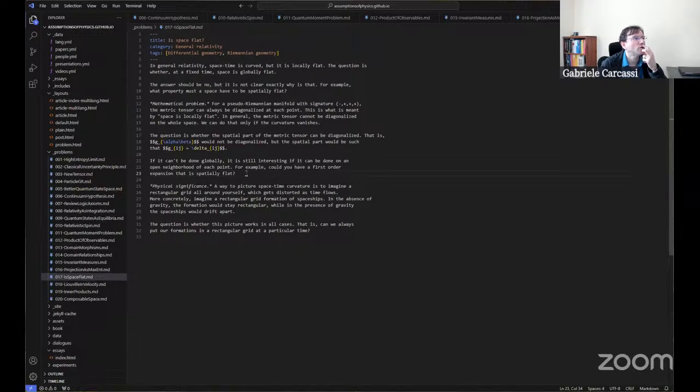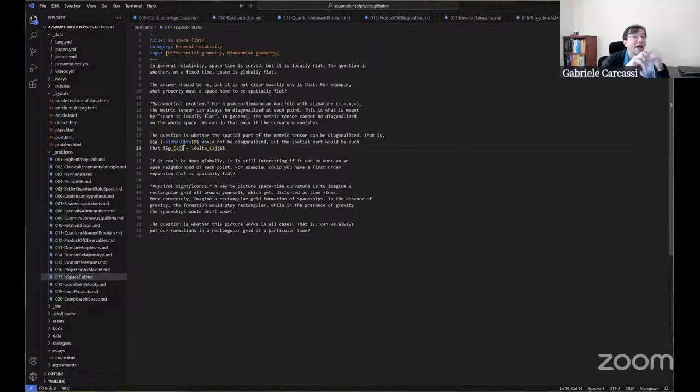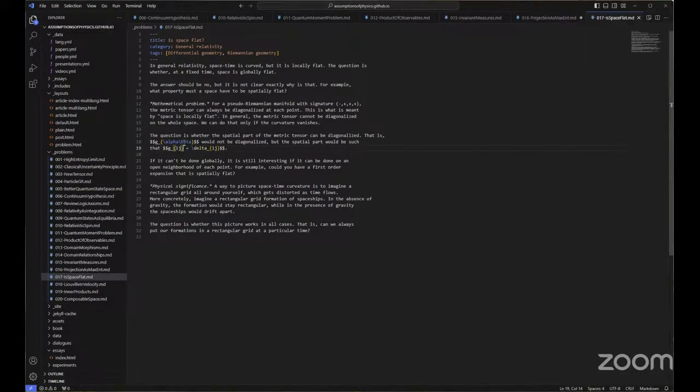I don't know if you understood the problem. I want to have the spatial part flat and try to put all the curvature in the space-time part. Well, you can make the whole 4D metric flat to zeroth and first order at a single point. At a single point, yes.